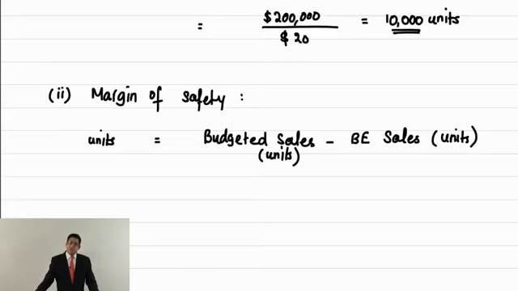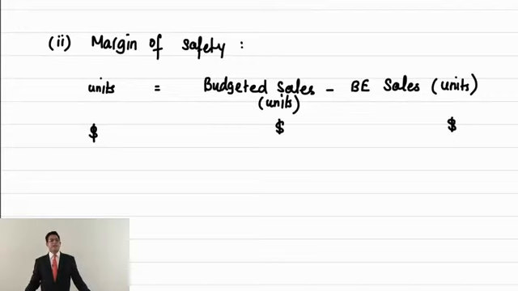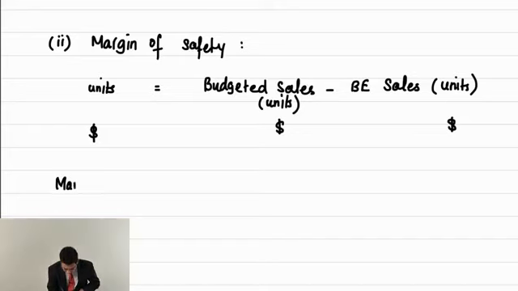If the examiner asks you to calculate margin of safety in money or dollars, instead of using units, budgeted sales in dollars minus break even sales in dollars, and margin of safety is done. And slightly more technical, if the examiner has asked you to calculate margin of safety expressed as a percentage, then please use this formula, which is called the margin of safety ratio as well.